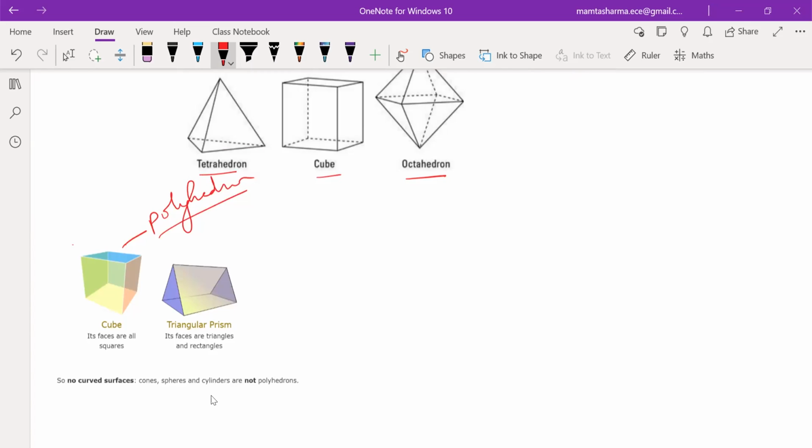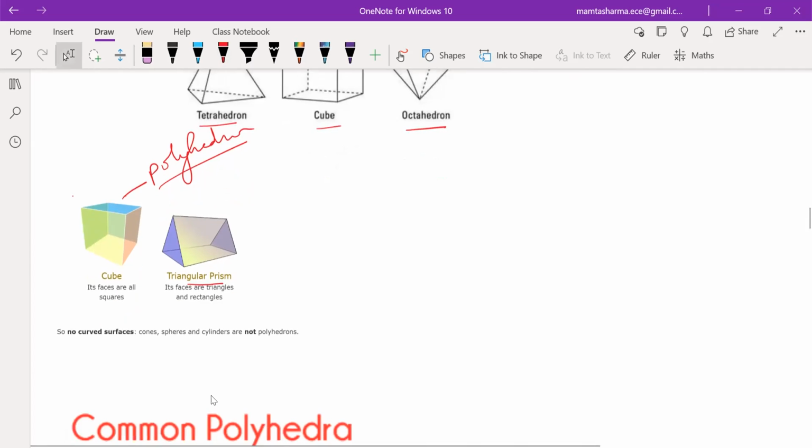This cube will have edges, faces and vertices. And this prism is also an example of polyhedron. You might have seen a paperweight on your office table. That is an example of a prism, solid in nature and having flat surfaces.